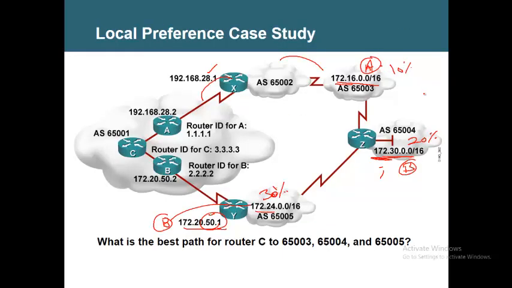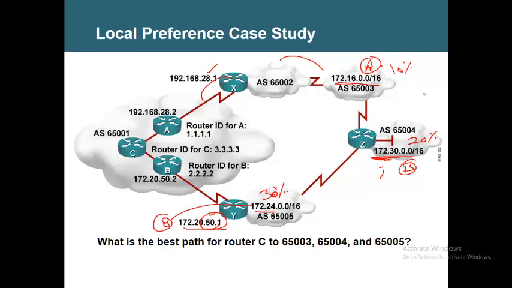Now tell me, via B, how much percentage of traffic is going out? It's going out to where? I said 10 to 60, but going to how far?